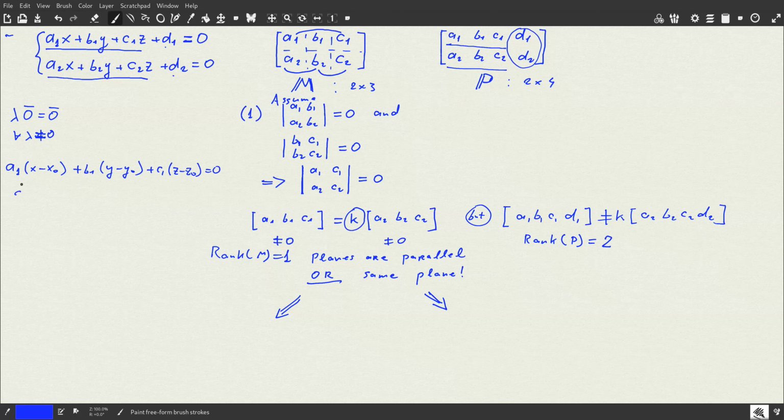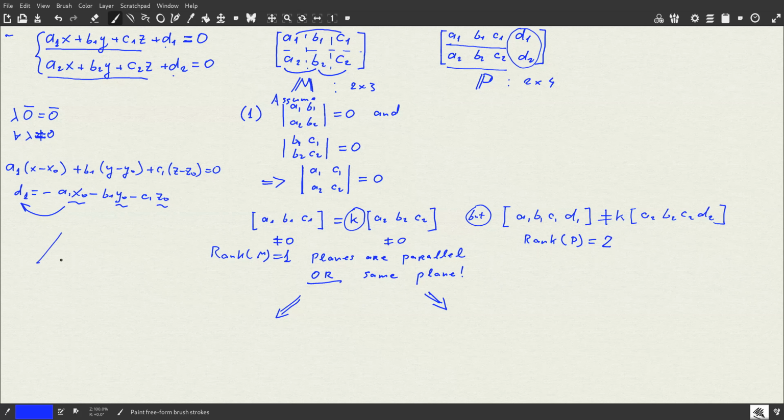And then our d1 coefficient is just minus a1 x0 minus b1 y0 minus c1 z0. So the initial point x0, y0, z0 really comes into the free term, into the d coefficient, whereas a1, b1, c1 do not depend on the initial point.